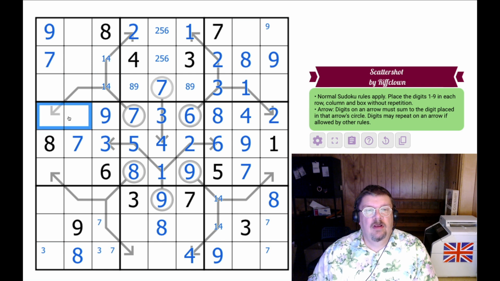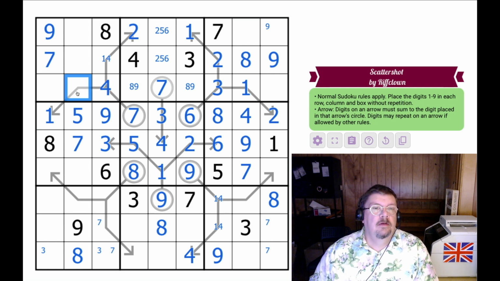These 2 digits are 5 and 1. That has to be the 1 because if this were a 5, those 2 would have to add up to 2. So if those are 2 1s, that would have to be a 5, which it's not, so that's a 4. And then that is a 2. That's a 1.